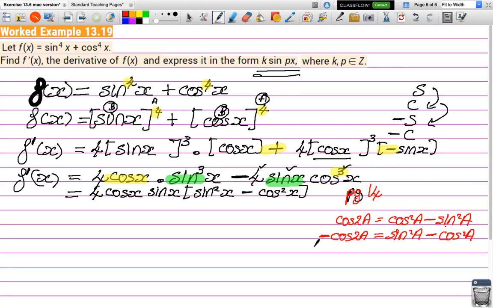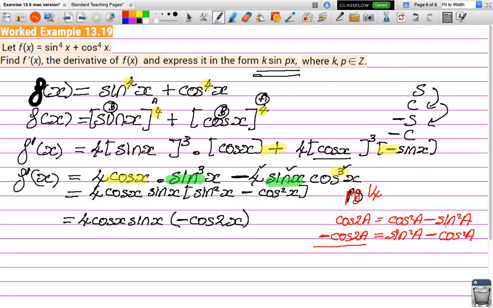What's in the bracket is going to be cos 2x with a minus sign. So we've now got equals 4 cos x sine x on minus cos 2x.